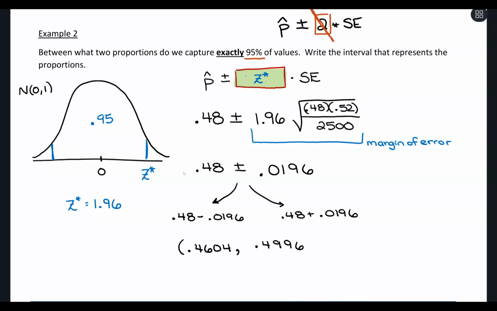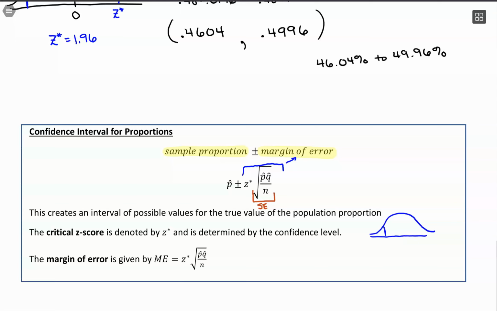So just to summarize, the formula that we're getting at for our confidence intervals comes from this breakdown of taking your sample proportion, or that point estimate, plus or minus some margin of error. That margin of error comes from this right-hand side here, where you're going to take some critical z-score. That critical z-score is going to come from your confidence level; whatever your confidence level is, that's going to go in the middle.